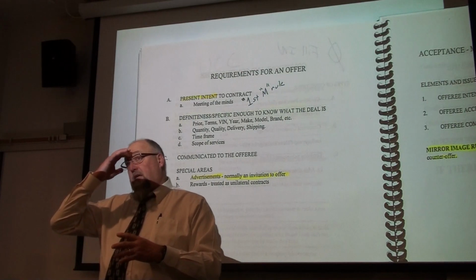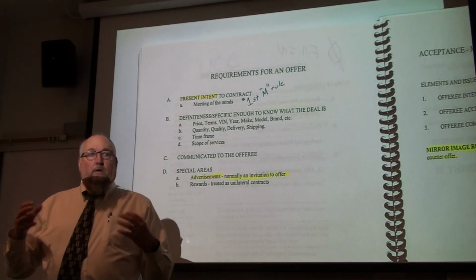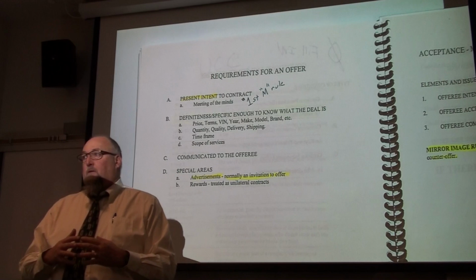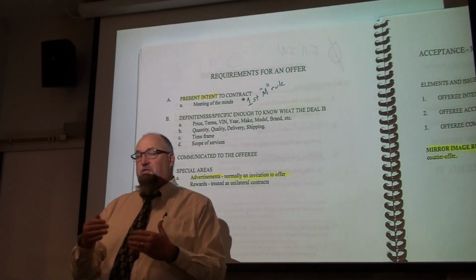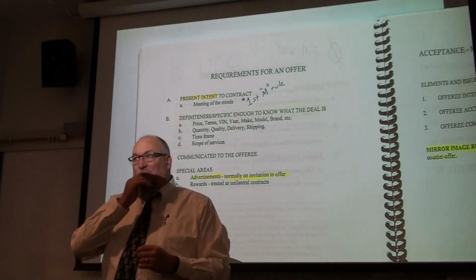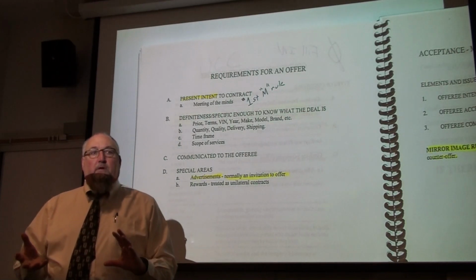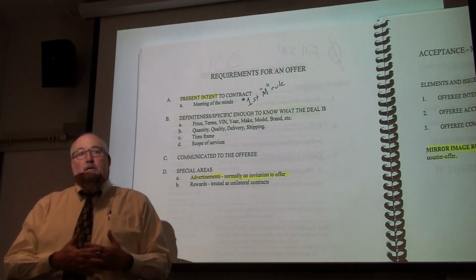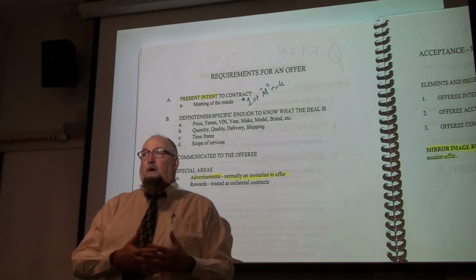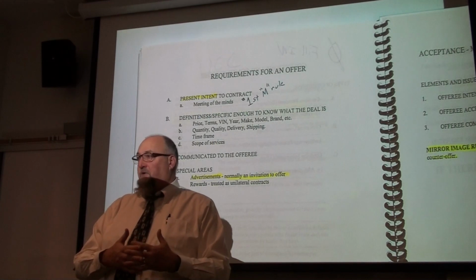And so the idea is, when a court is analyzing whether or not there's a contract, we're going to go through these three elements. The judge is going to review that during the trial. And the first element would be an offer. And so one of the first questions that has to be answered is whether or not there truly was an offer that was made.